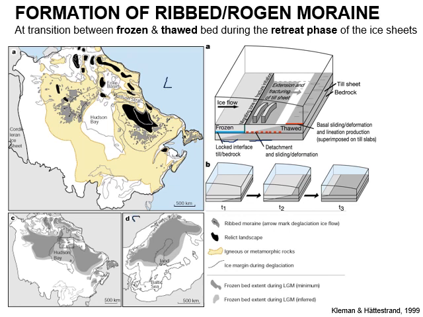So what you see here on the maps is some map of the Laurentide ice sheet here and some map of the Scandinavian ice sheet here, and here's the Laurentide again. And the locations where we find these Rogen moraines or the ribbed moraines are just outside the frozen centers of the ice sheets. So here's another region, and you can see in the legend what the Rogen or ribbed moraine region is.